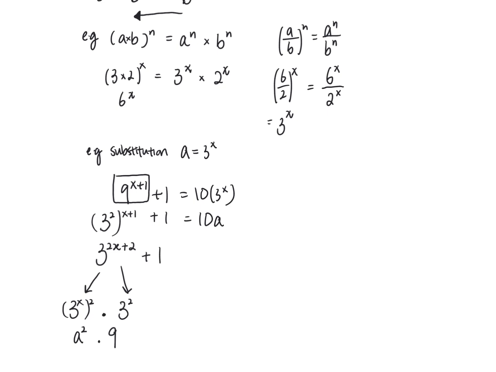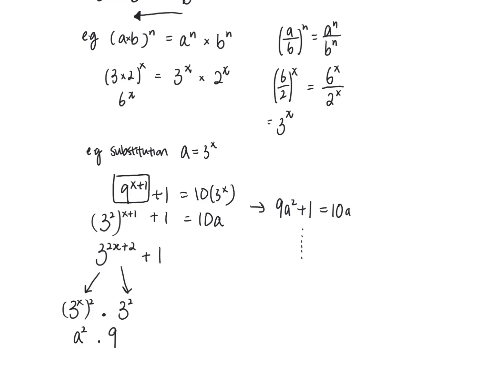So to form the quadratic is actually 9A square plus 1 plus 10A. Then you go and solve accordingly. So 5.1 talks about this. So the entire 5.1 talks about this.